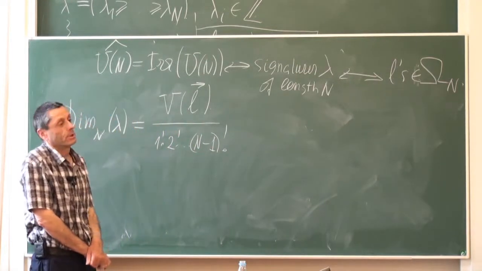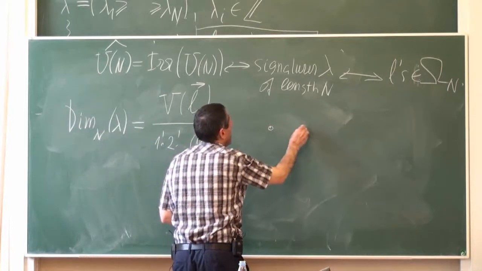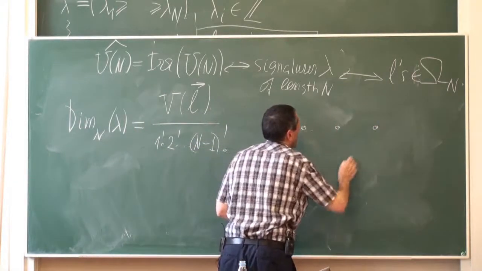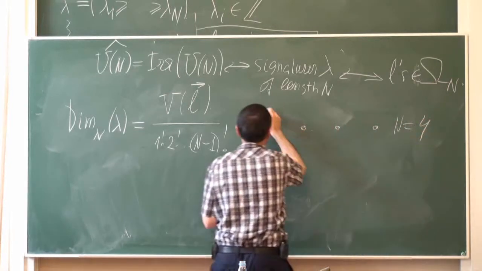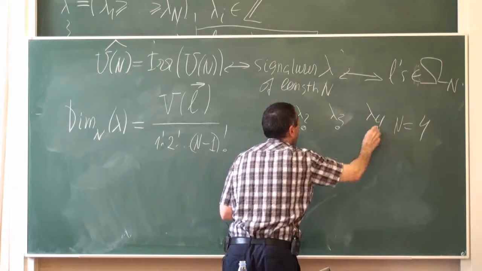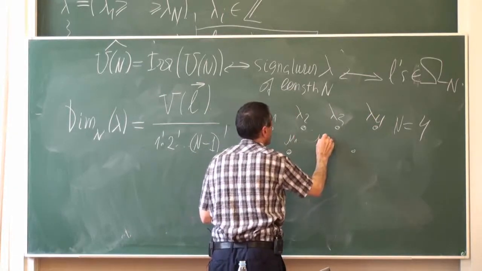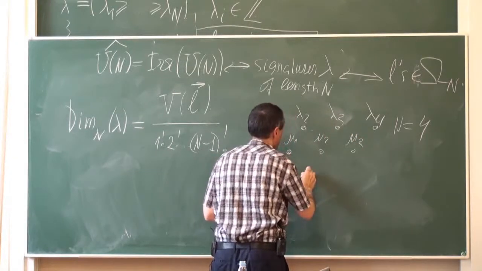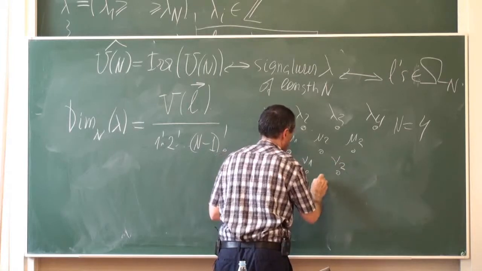There is a geometric interpretation of this, namely, say n is equal to 4. We have lambda 1, lambda 2, lambda 3, lambda 4. And here we have mu 1, mu 2, mu 3, nu 1, nu 2, and some kappa.